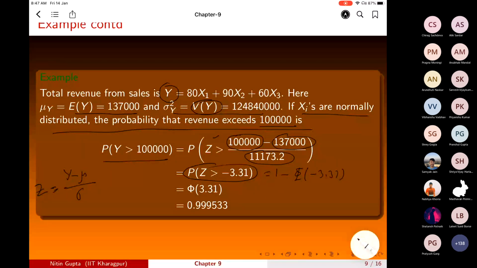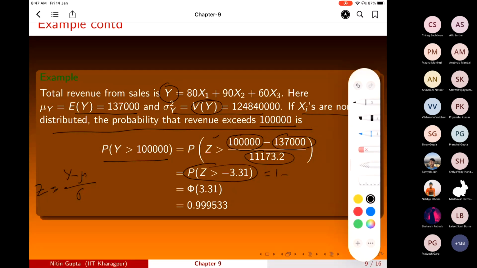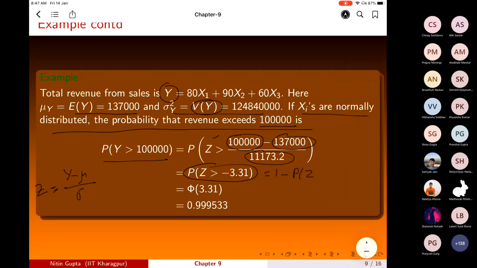That means the probability z is less than or equal to minus 3.31. So therefore this will be 1 minus capital phi of 3.31. But we know that capital phi of x plus capital phi of minus x is 1.